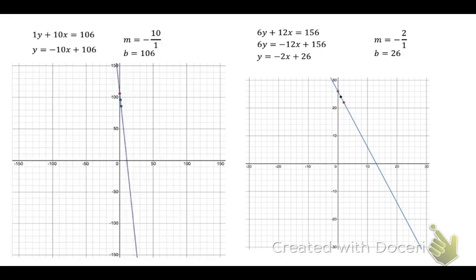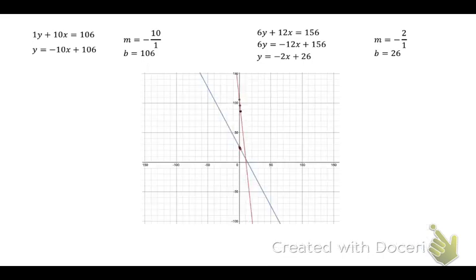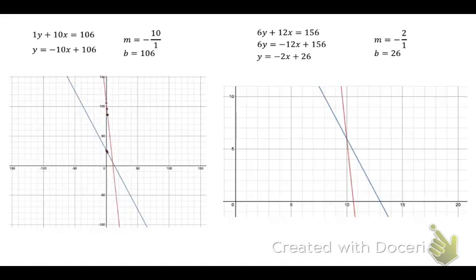Okay. So we have these two equations here that we solved. Now, if these were a system of equations, I could put these on the same graph, see where they cross at, and wherever they cross at would be the point where they are equal to each other. So let's just do that. Put them on the same exact graph, and it looks like they cross, I think I just zoomed in.